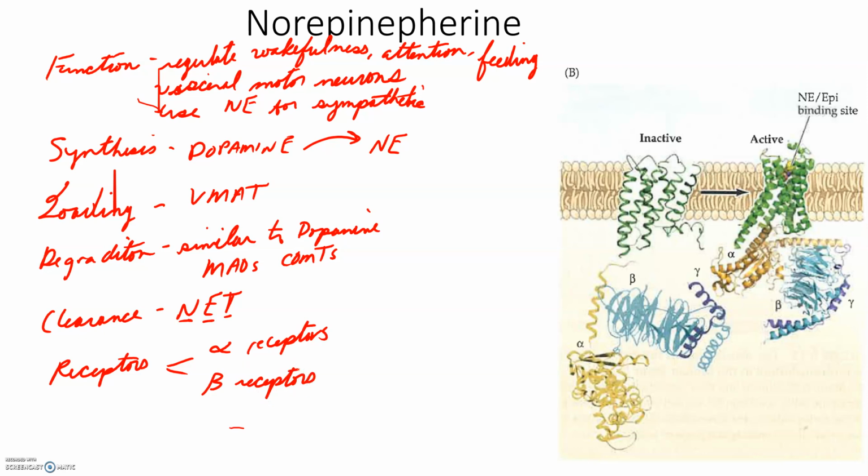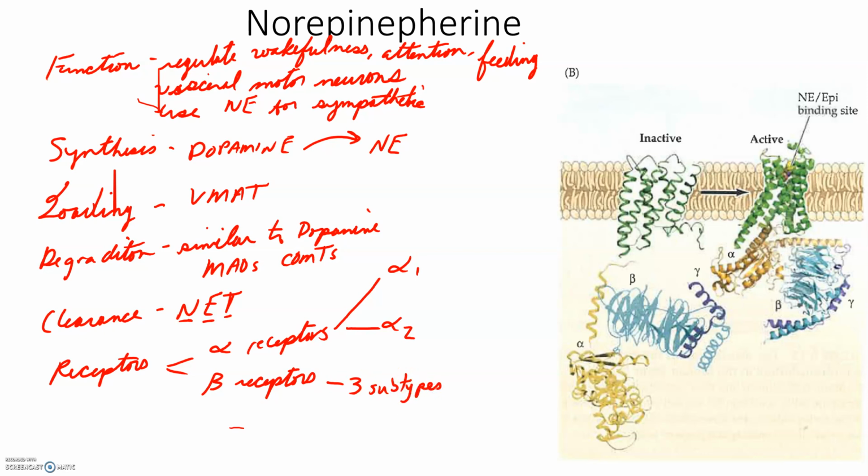Of alpha, there are subtypes alpha 1 and alpha 2. With respect to beta receptors, there are 3 subtypes, but we're not going to get into that level of detail.